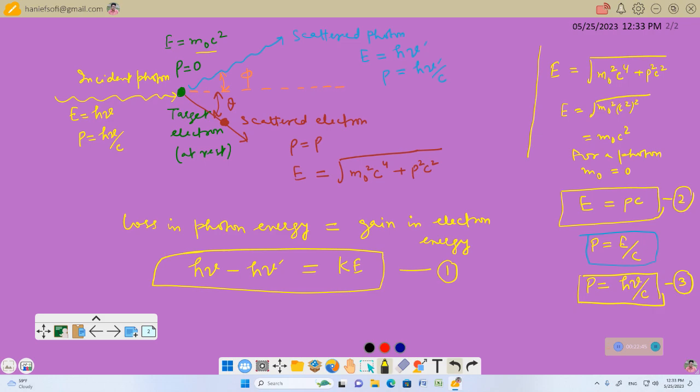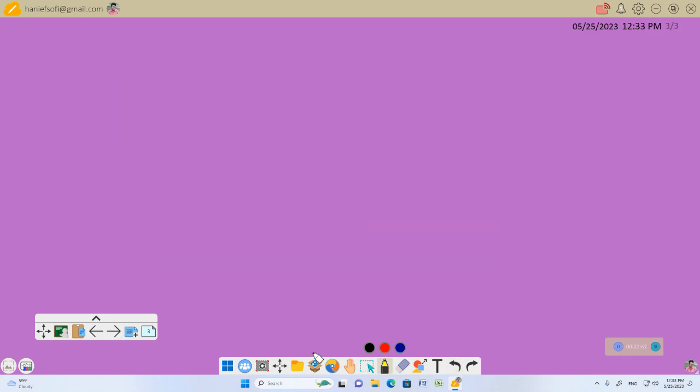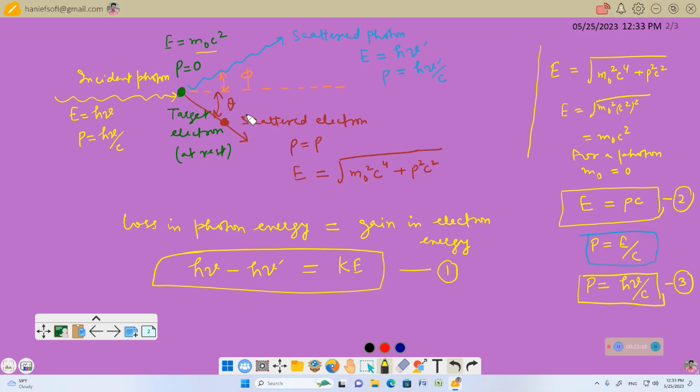So I used conservation of energy here. I will now use conservation of linear momentum. Let me first explain the diagram.